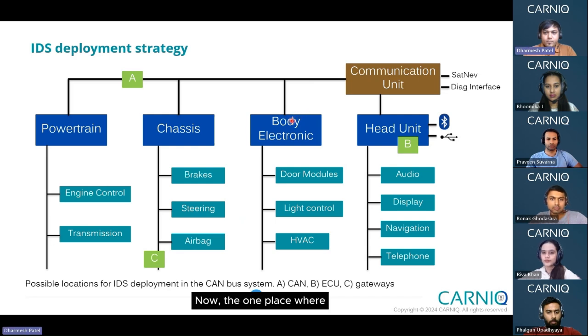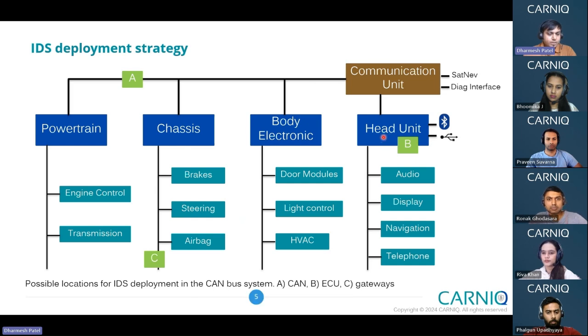Now, one place where CAN IDS can be deployed is, as you can see in the figure, A within the CAN bus itself. The other place where the IDS can be deployed is within the ECU itself to monitor ingoing and outgoing traffic and detect any anomaly there.